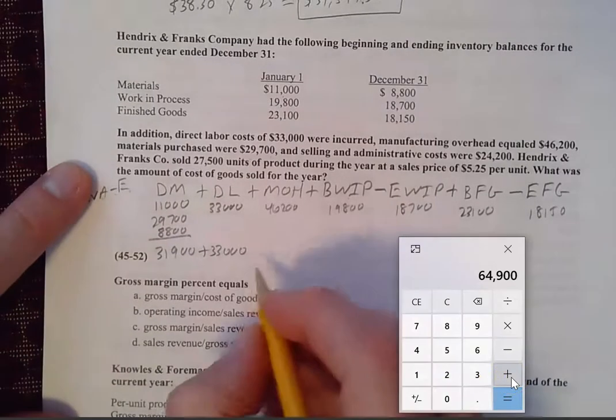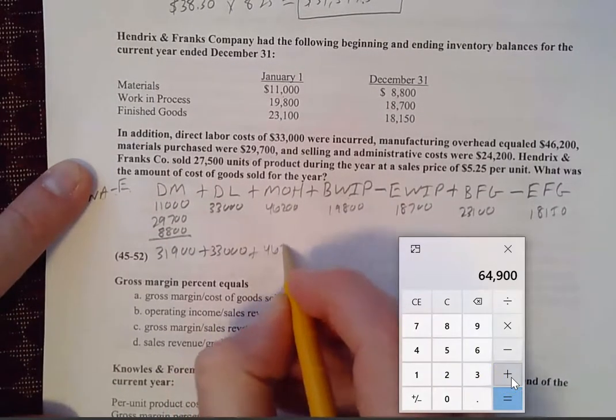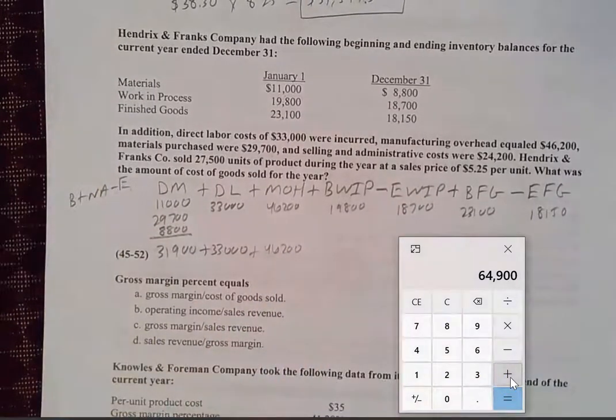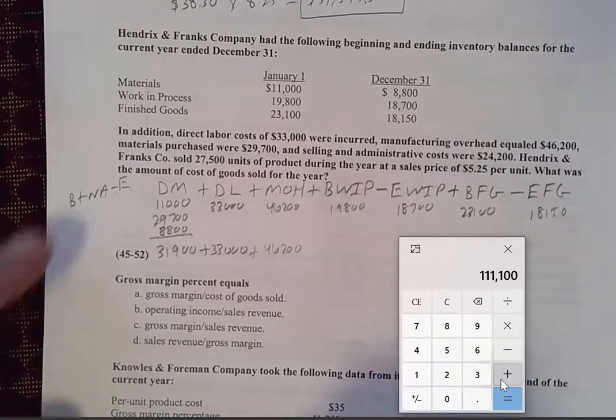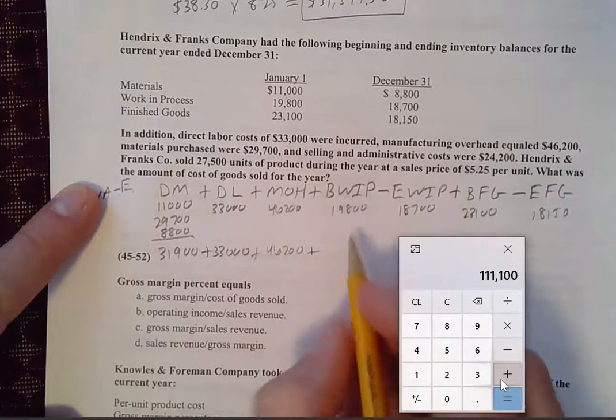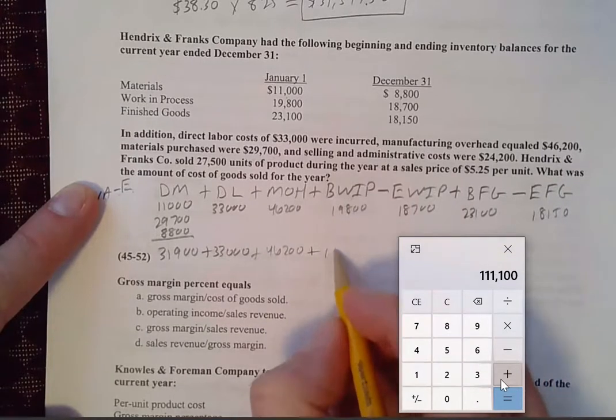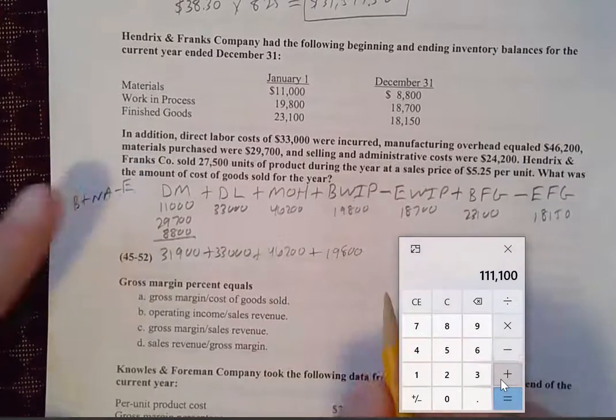I'm then going to add to that manufacturing overhead of 46,200. I'm going to add to that my beginning work in process, 19,800.